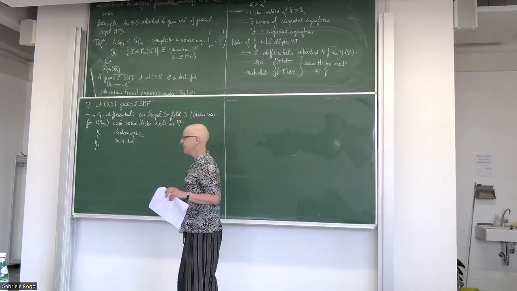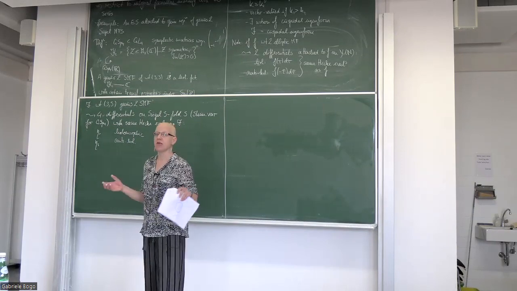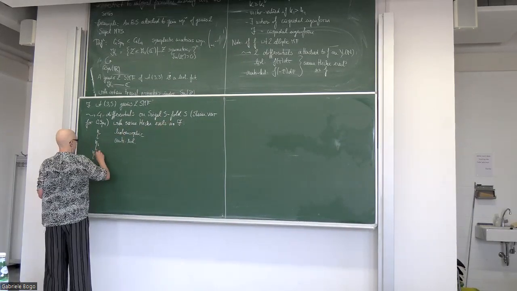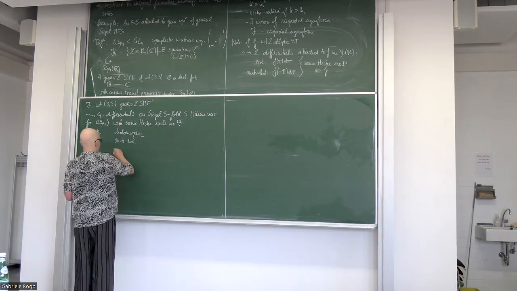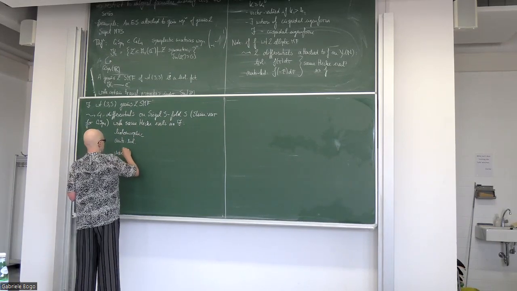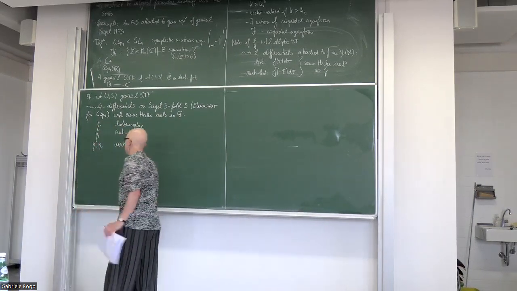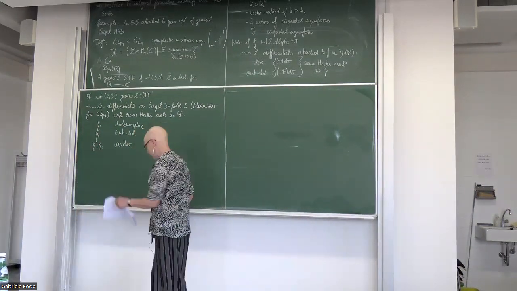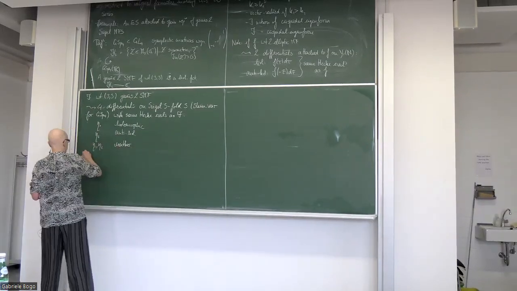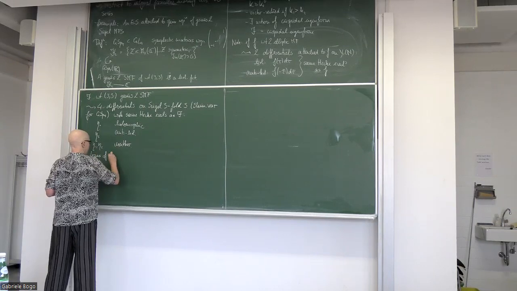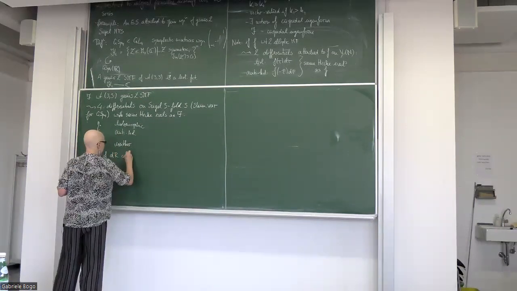But then we also have 2 which are a bit awkward, which are neither holomorphic nor anti-holomorphic. So we have eta 1 and eta 2, so they are neither. Okay, so what do we say here in terms of de Rham cohomology?